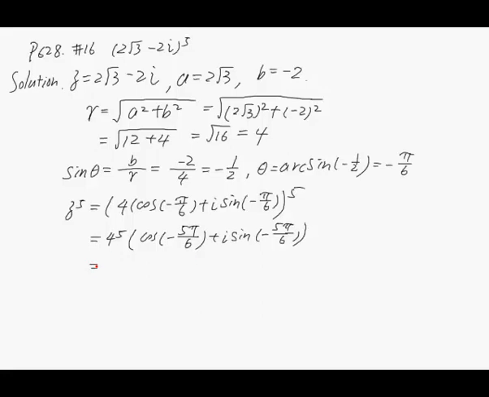So let's first get the cosine and sine of this negative 5 pi over 6. We know, let's draw the angle.